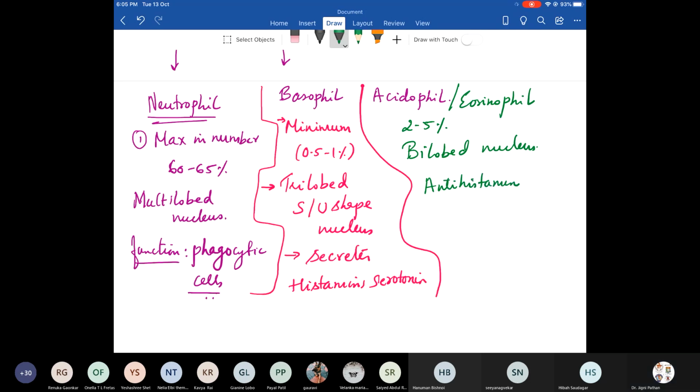They secrete antihistamine, and they also take part in anti-helminthic effect. Wherever there is an infection due to helminths or worms, acidophils get activated. Please write down.